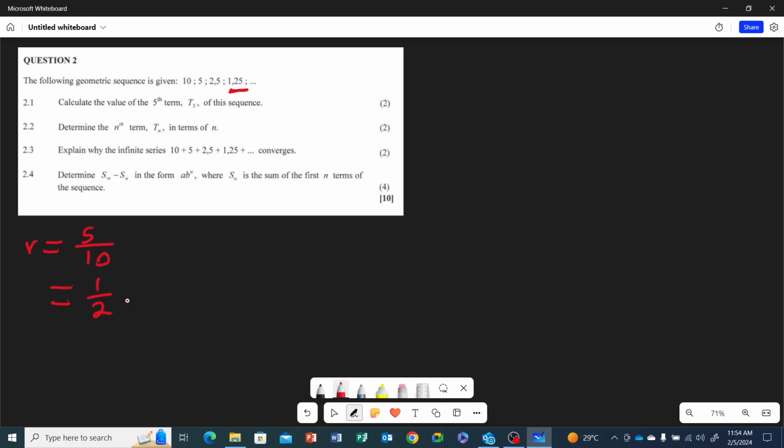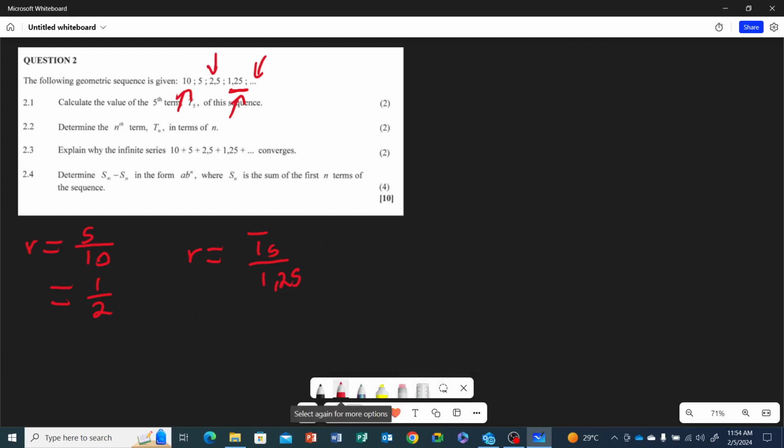Okay. Now that we have our R, we can calculate our T5. Remember, R is this divided by that. That's how we get R. So we are going to take T5 divided by T4. So R is equal to T5 divided by T4. T4 is 1.25. And then we know that our R is 1 over 2.